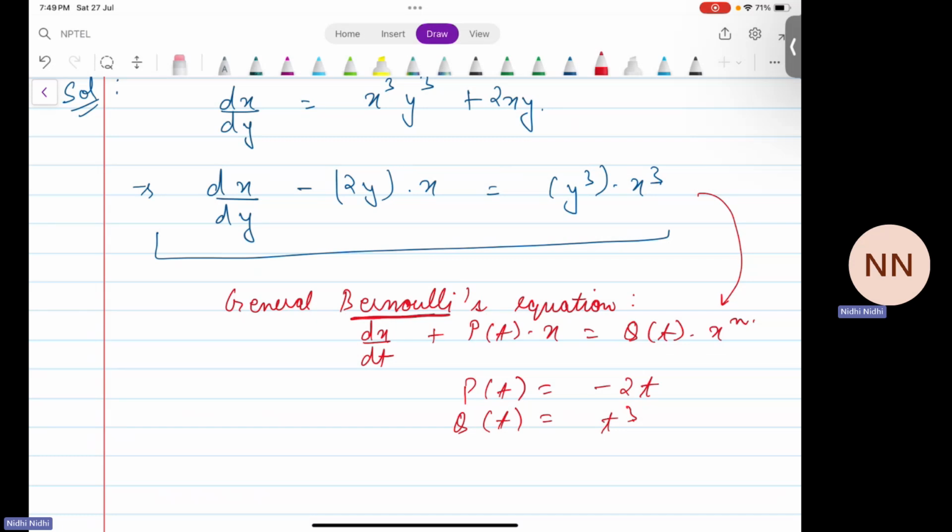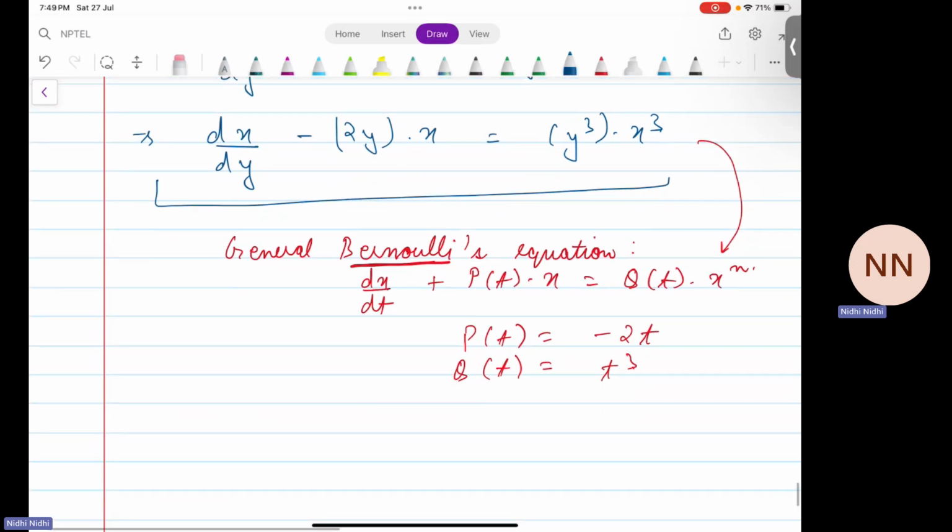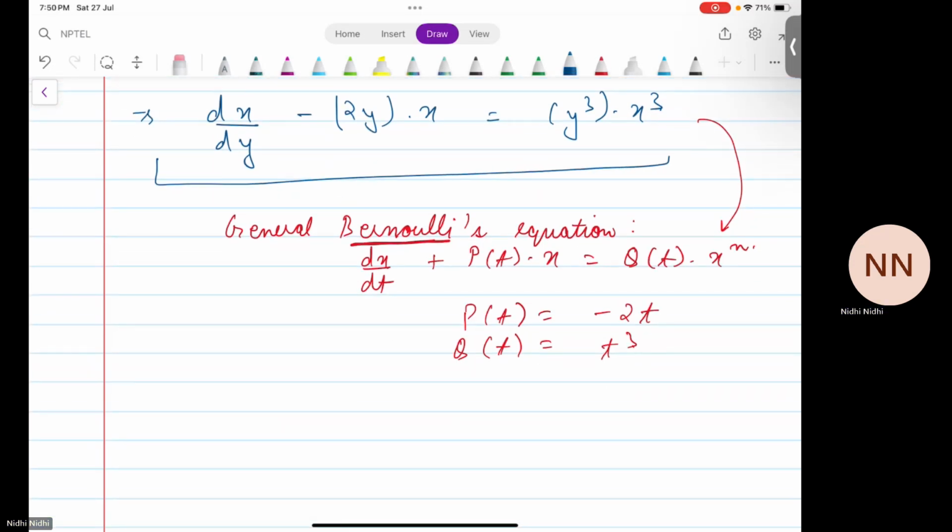The standard way to solve Bernoulli's equation is to start again with a substitution, and we substitute as follows. We take some variable t to be equal to x to the power 1 minus n. The n here is 3. So we take t to be 1 by x square.